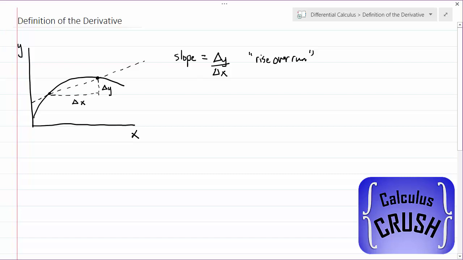Now that's the slope between 2 points. When we calculate the derivative, what we're actually trying to figure out is the slope at just 1 point. So the way we're going to do that is we're going to try and make the distance between these 2 points really small. Now I'll show you how we do that. I'm going to get rid of this delta x and delta y.